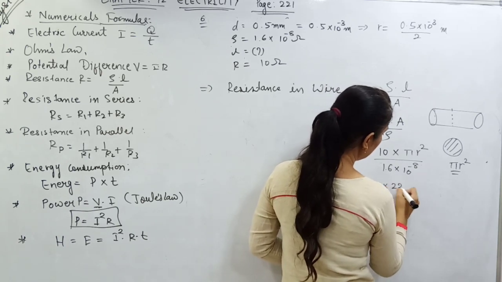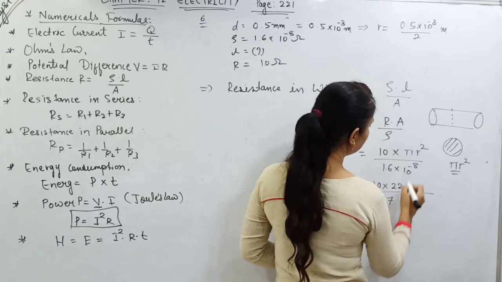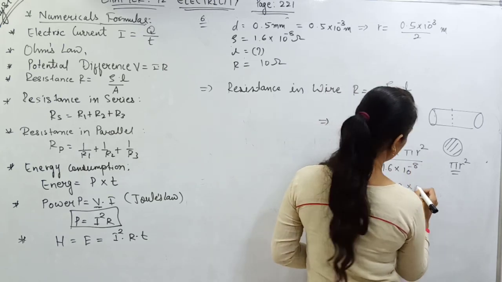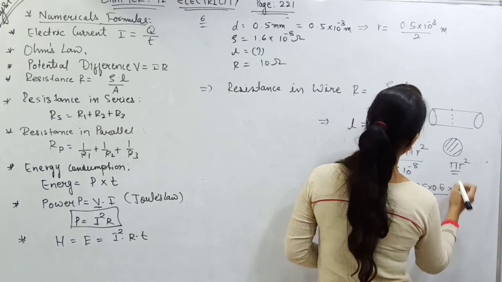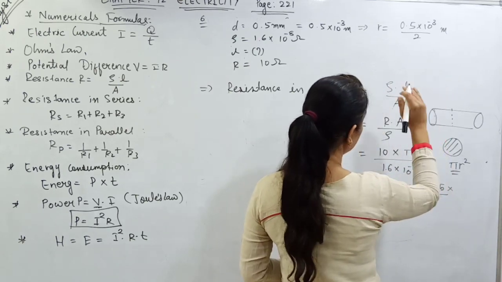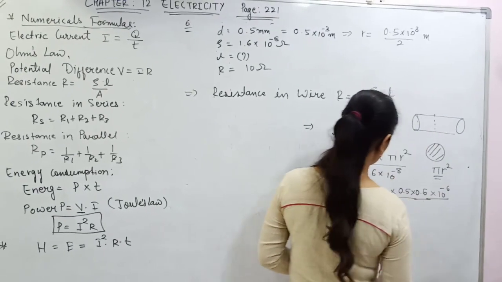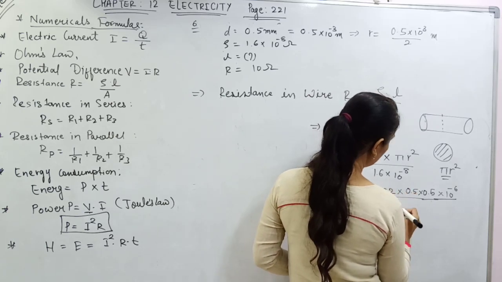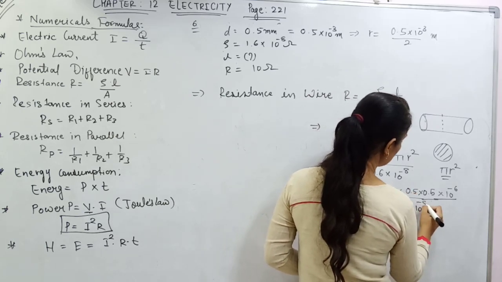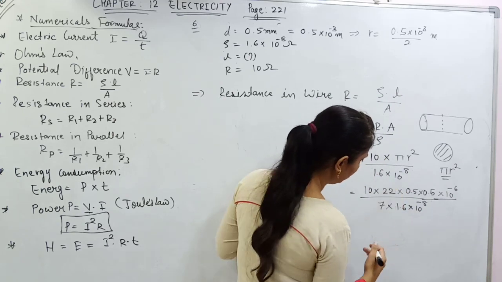So pi will be, I am taking 22 upon 7, multiply r, that is 0.5 multiplied by 0.5, and 10 raised to minus 3 and 10 raised to minus 3, that gives me 10 raised to minus 6. Over here in the denominator, I will be having the remaining value, that is 1.6 into 10 raised to minus 8. So now what I am doing, I am just removing all the decimal points.